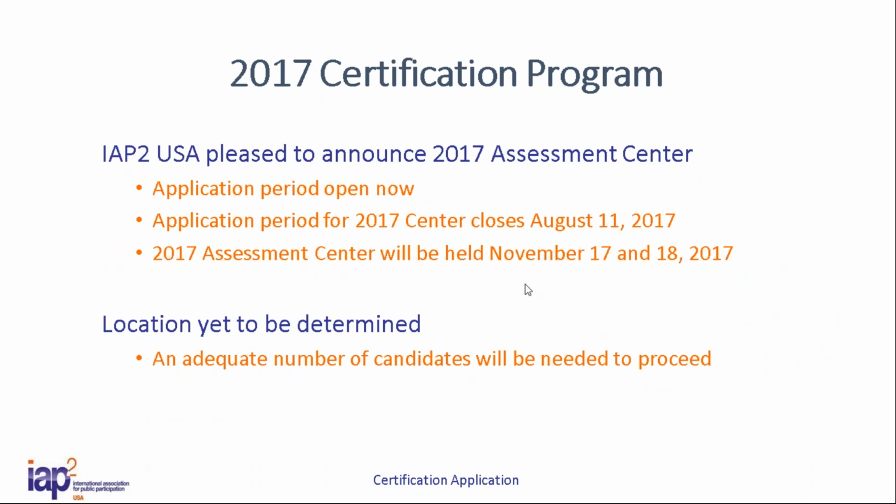And so I'm pleased to announce today that we're going to be having an assessment center in 2017. The application period is open now. We've made a decision this morning to extend the application period, because I know it's really hard to do this kind of thing in the summertime. So we're going to close our application period on August 11th.